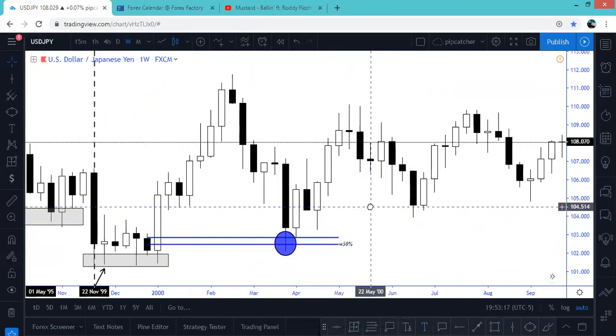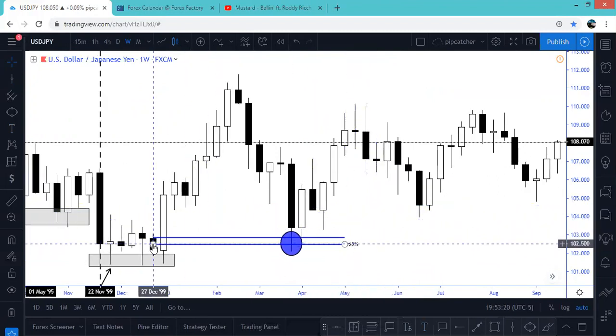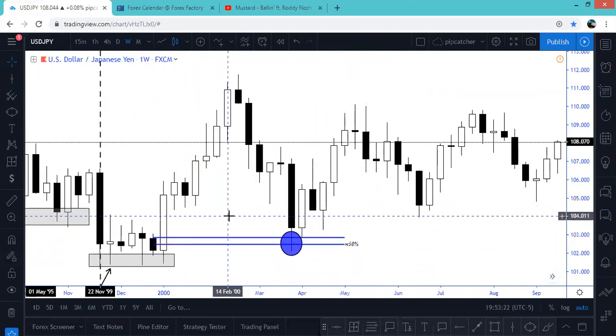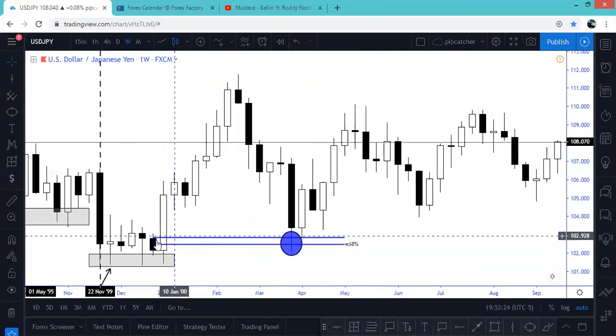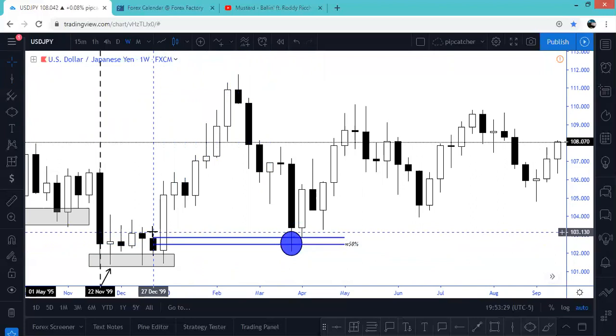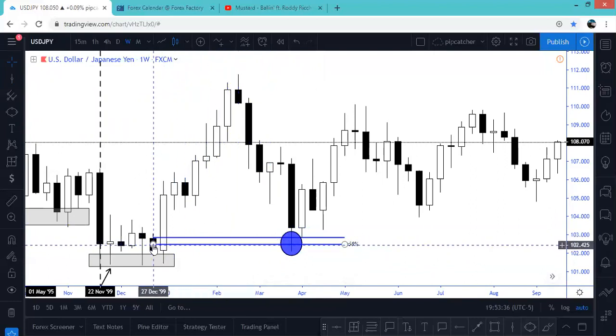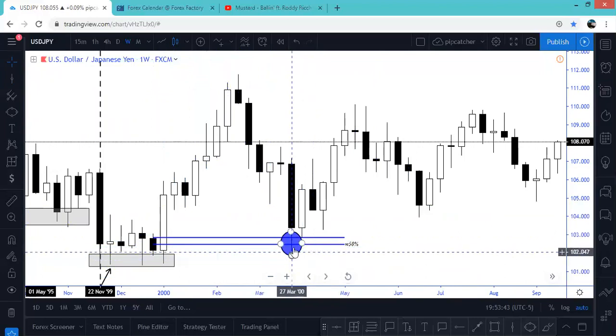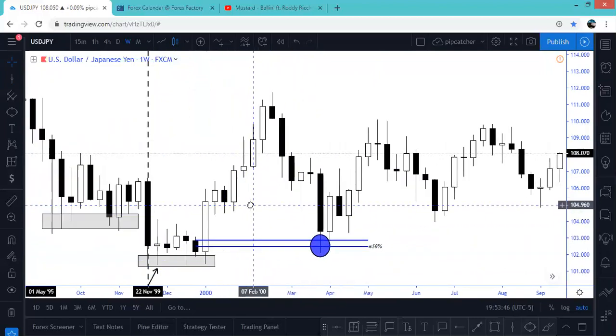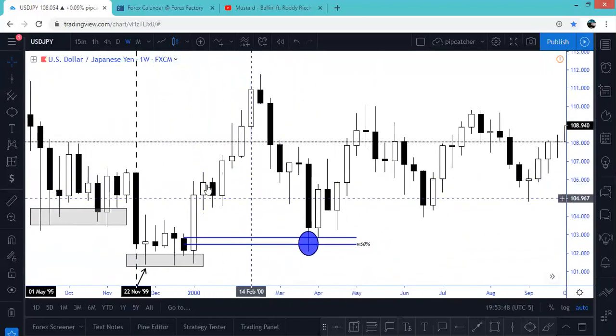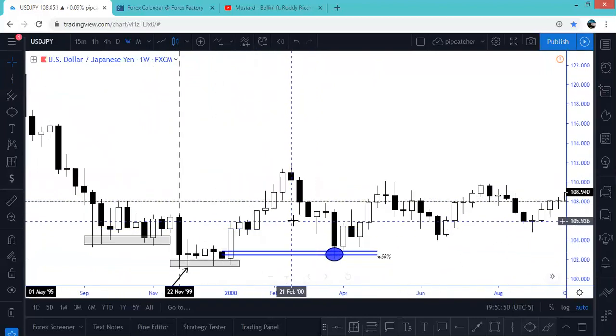Right here. Now, my favorite, I like the 50% more than anything, just because if you take a wick entry, you have more of a chance of having more drawdown in your trades versus taking a 50% entry. That's why I like 50% because I don't like drawdown on my trades. I just don't.